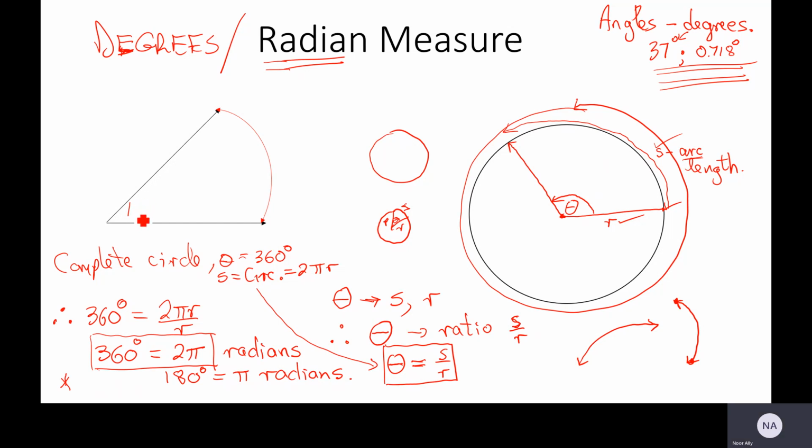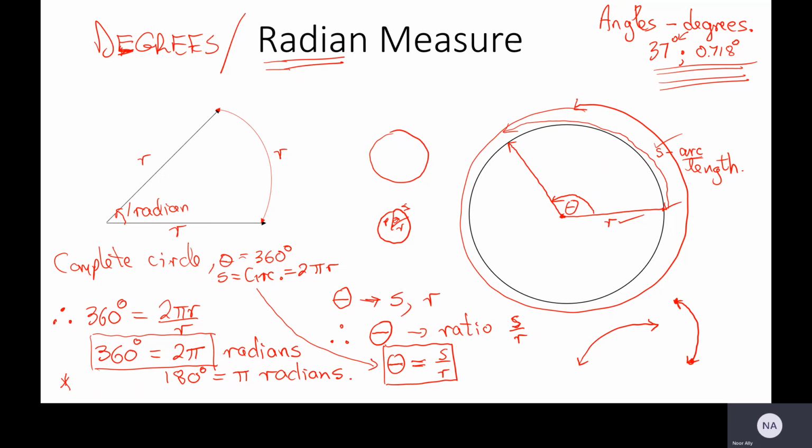Just a quick aside, in case you do come across this, another definition that is used is that 1 radian, in other words, the angle that you see there, 1 radian, is an angle formed when the radius of a circle is equal to its arc length.